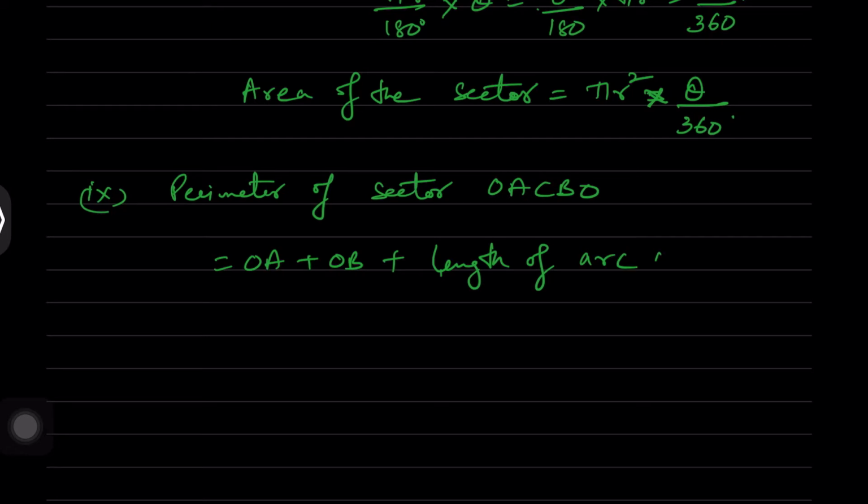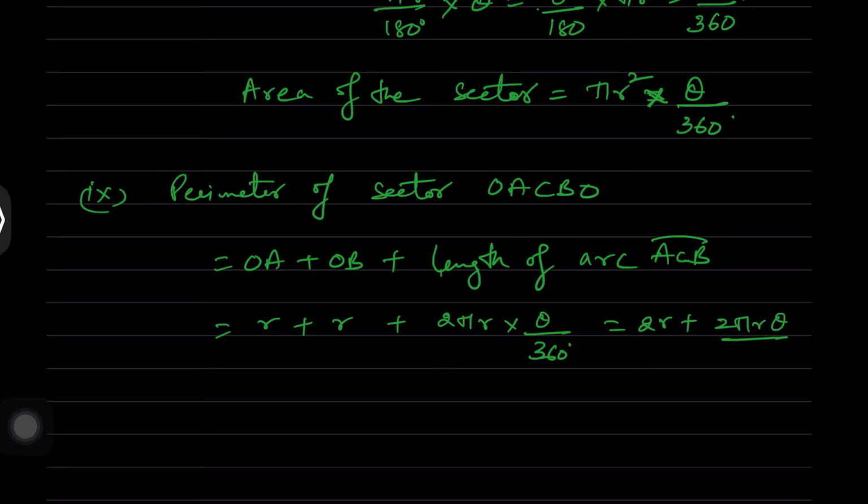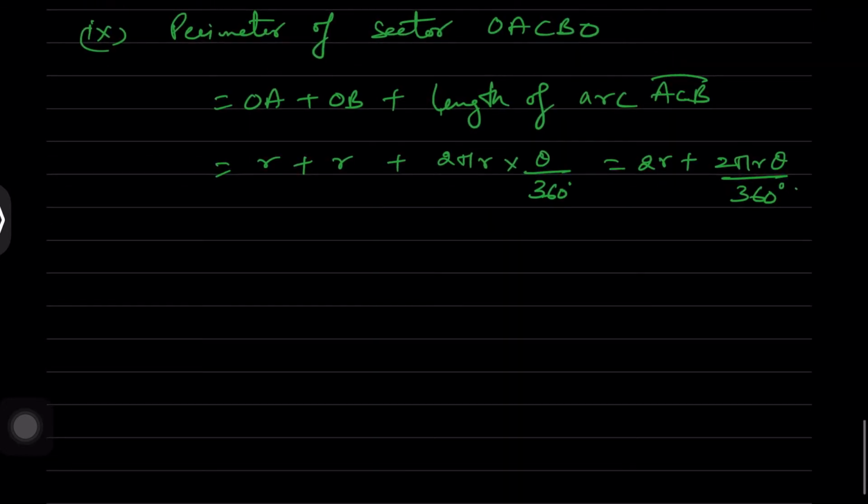What is the length of OA? It is nothing but the radius, and OB is the radius. The length of the arc, as we just found, is 2 pi r into theta by 360. So it is equal to 2r plus 2 pi r theta by 360. This is the formula for the perimeter of a sector.